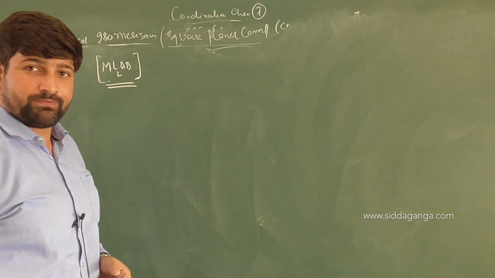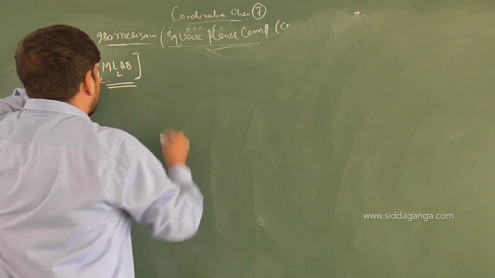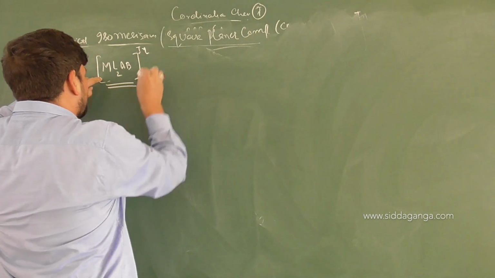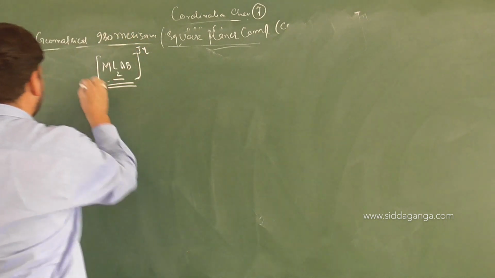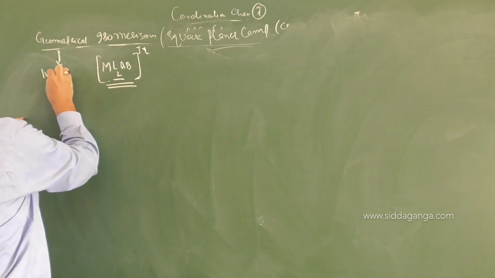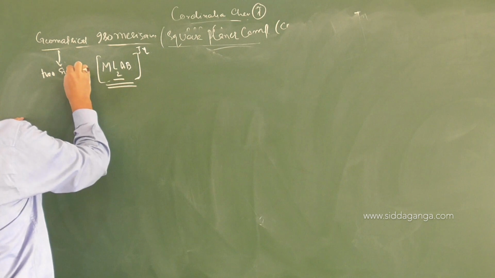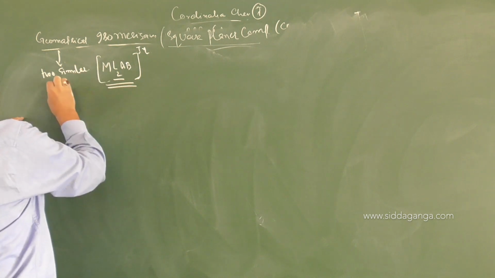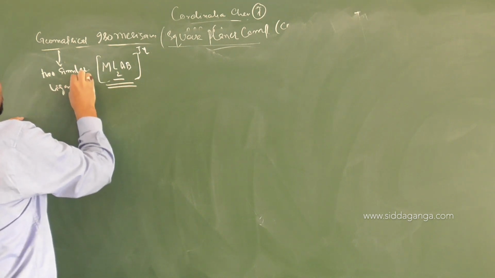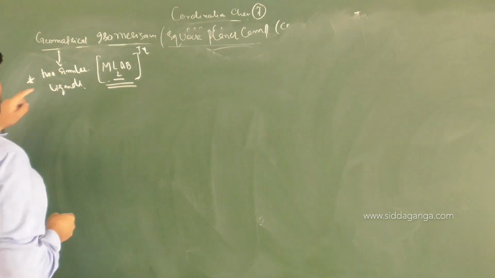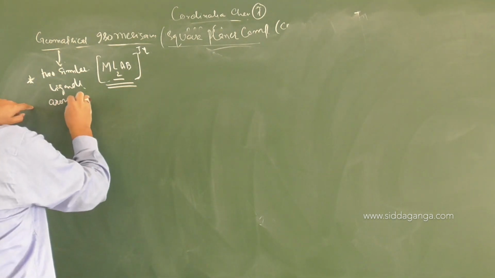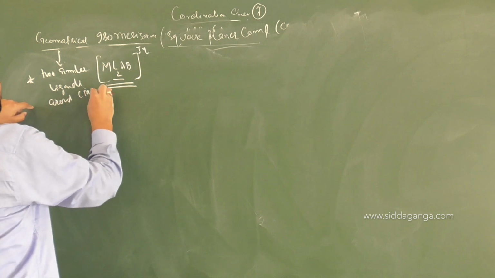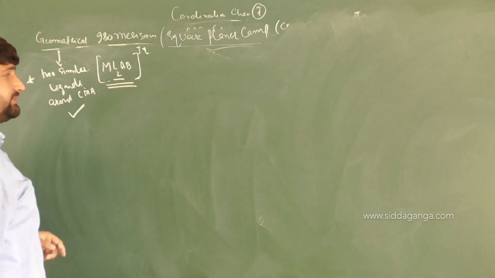ML2AB type of complex, let us see. The basic condition for geometrical isomerism is two similar ligands. If they are present, this is the first basic condition: two similar ligands around the central metal atom. Definitely geometrical isomerism will exist.